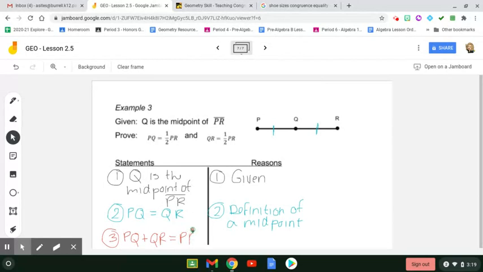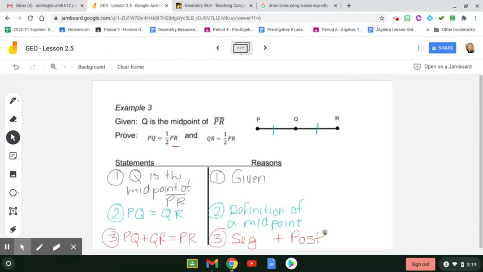And the reason I want to start talking about that is because at the end I have to start talking about PR, so I probably want to get PR somehow involved in this proof. If I add up the two small parts of the segment, it's going to be equal to the whole entire thing, and that is through the segment addition postulate.